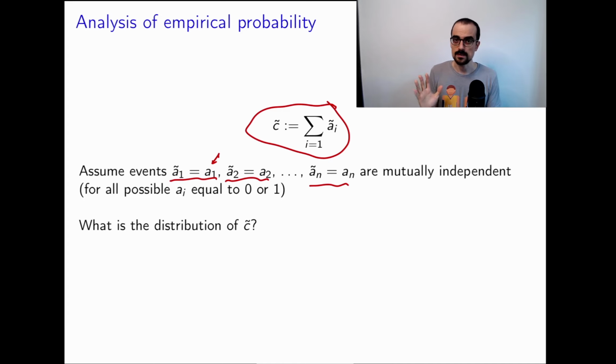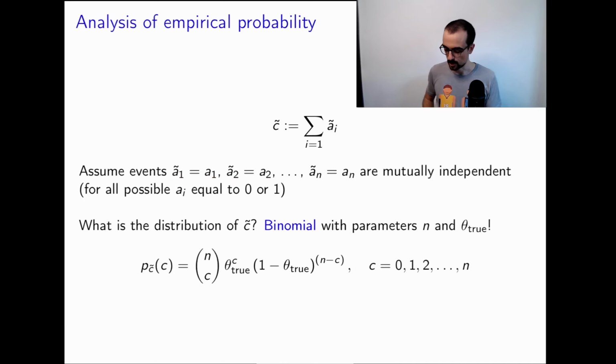Just to recap, the assumptions are each data point is in the event independently, and there's a probability theta which is fixed, theta true, that the data point is in the event. Under those assumptions, this is exactly a binomial. The parameters of the binomial are n, the number of data points, and theta true, which is the probability of the event. This is a PMF that we had derived before.